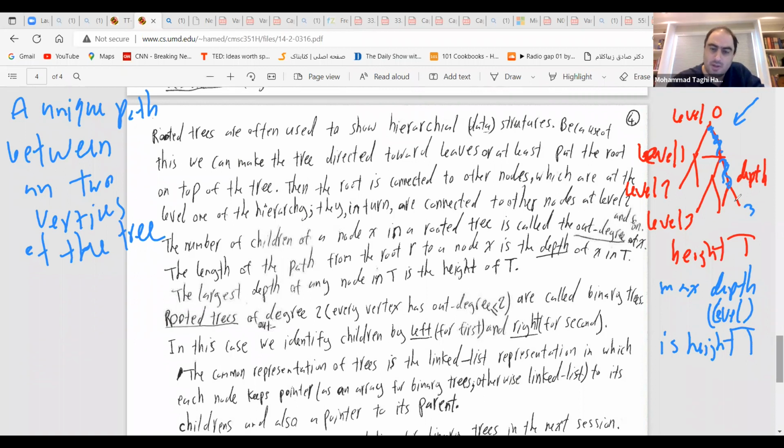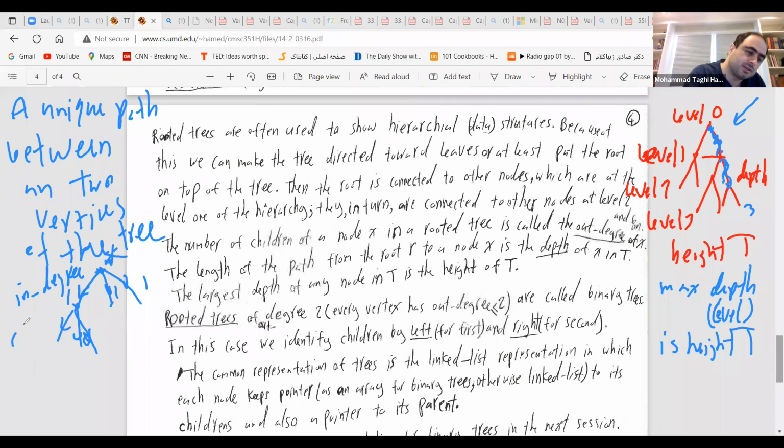Also, one thing that is important. When we are considering a tree like this, each vertex has in-degree 1. In-degree in a directed graph means the number of edges incoming to this vertex. So for any vertex except the root, the in-degree is 1, and there is nothing coming into the root, so its in-degree is 0. Out-degree is the number of children.